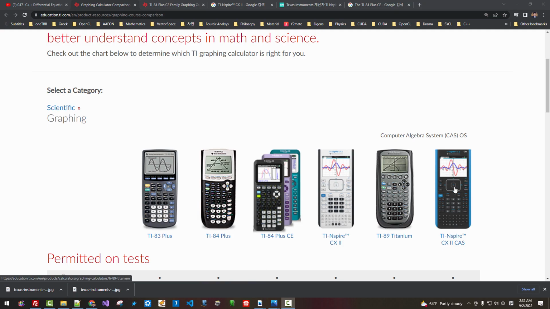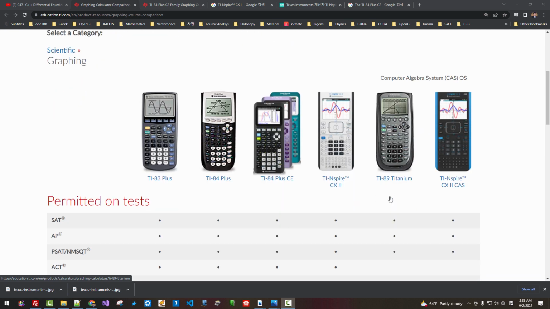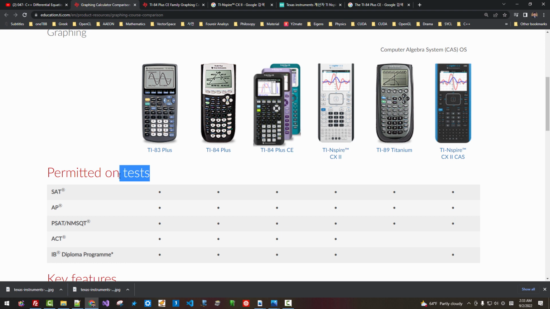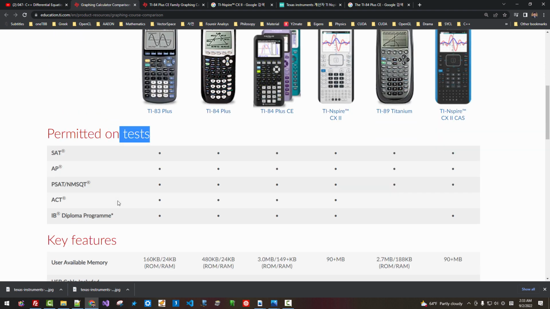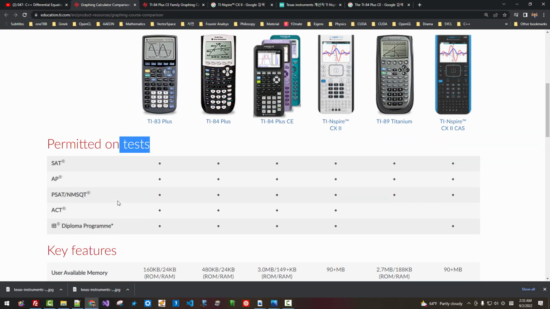But sadly, these calculators are pretty expensive in Korea. All of these calculators are over 200 US dollars, especially in Korean markets. Also, if you are a young person planning to take examinations or tests, some calculator models are not allowed. For example, the TI-89 Titanium is not allowed for the ACT or IB diploma program.